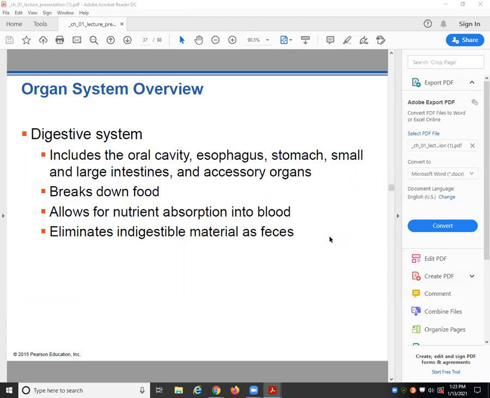So the digestive system is breaking down your food so your body can absorb the nutrients into your bloodstream. You can eliminate indigestible material as feces. So you can go to the restroom and get rid of the parts you can't digest.